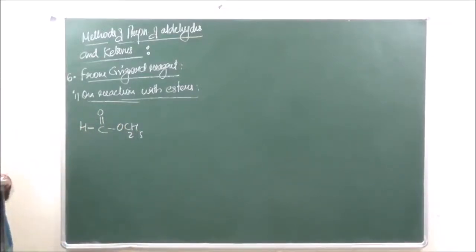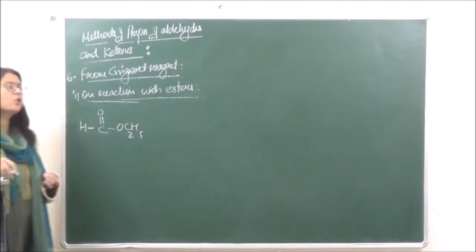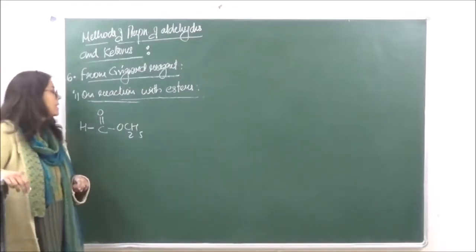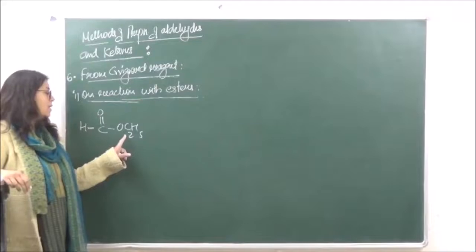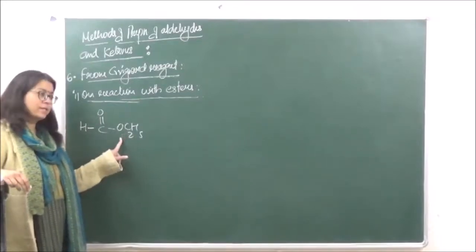Okay, this is going to be known as what? Ethyl methanoate. Okay, this is how you name the esters. We will be doing the nomenclature of esters when we do the acids. It is known as methyl ethanoate.